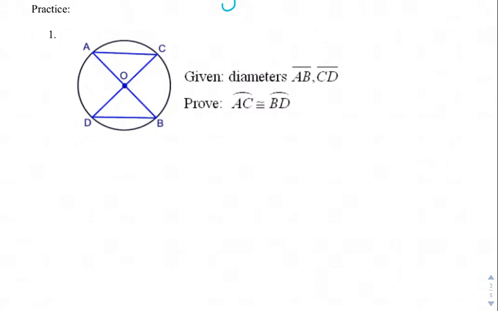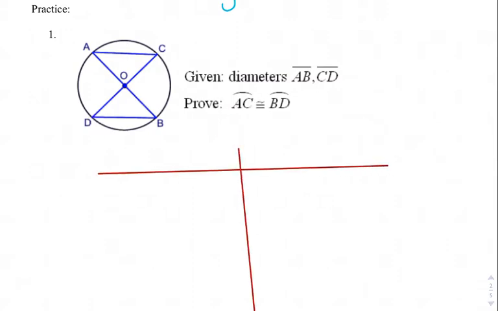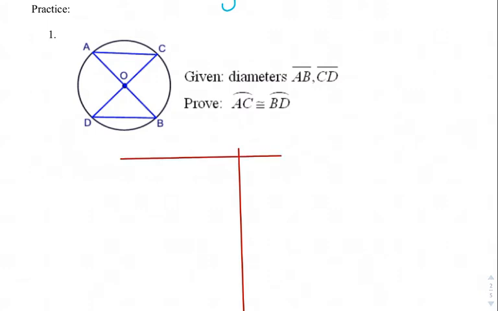It says, given diameters AB and CD, prove that arc AC is congruent to BD. So like always, we need to set up our statements and our reasons columns, since this is a proof.